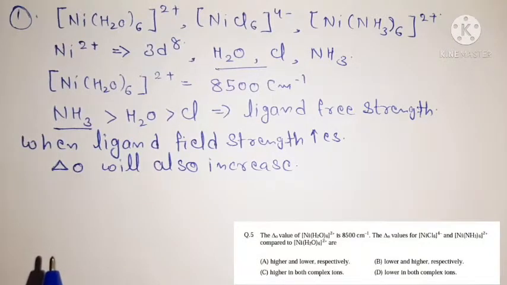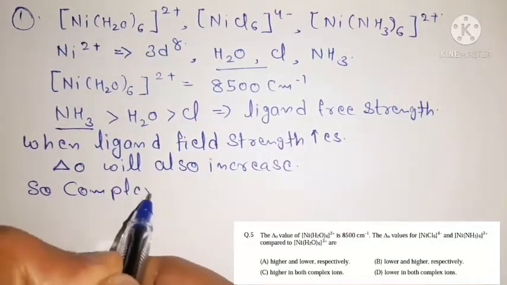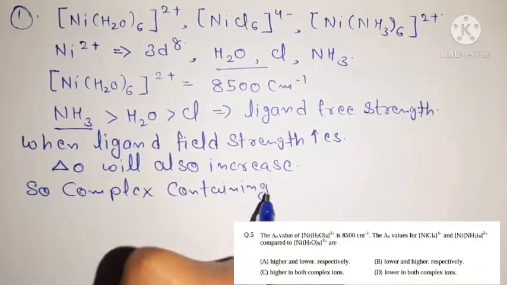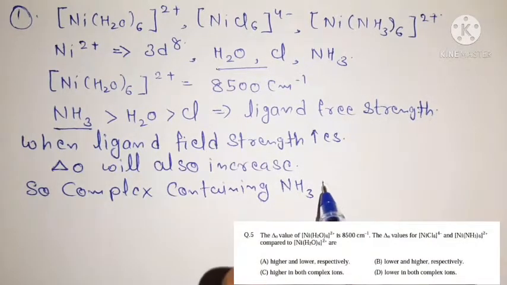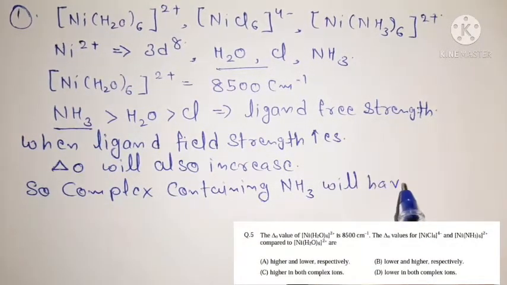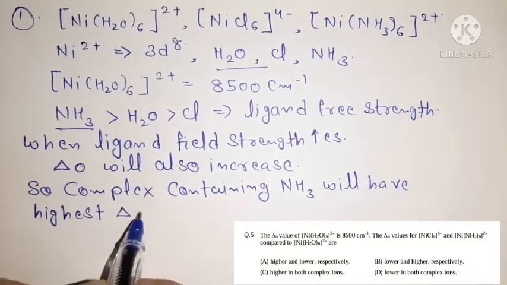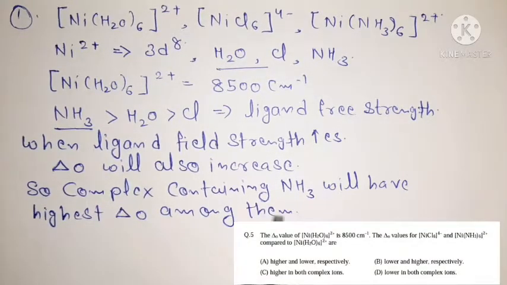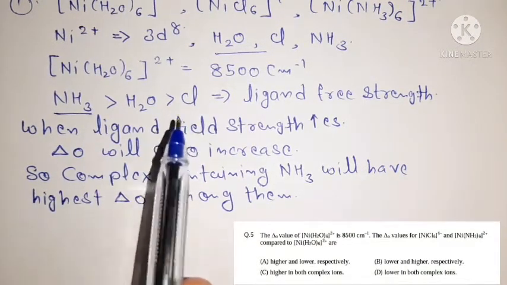Okay, so the complex containing NH3 ligand will have the highest del O among them. Okay, then the complex containing H2O, then the complex containing Cl.